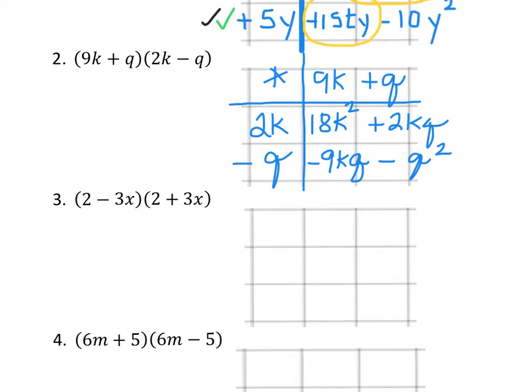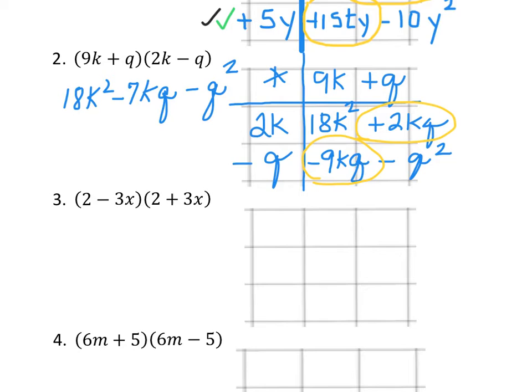And again, we see that we have like terms as well as the first term and the last term, and so our final answer is going to be 18k squared negative 9 plus 2 is negative 7kq, and then minus q squared.